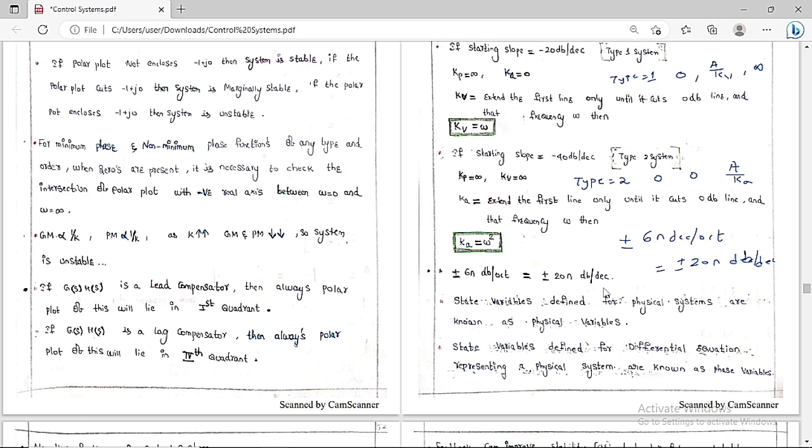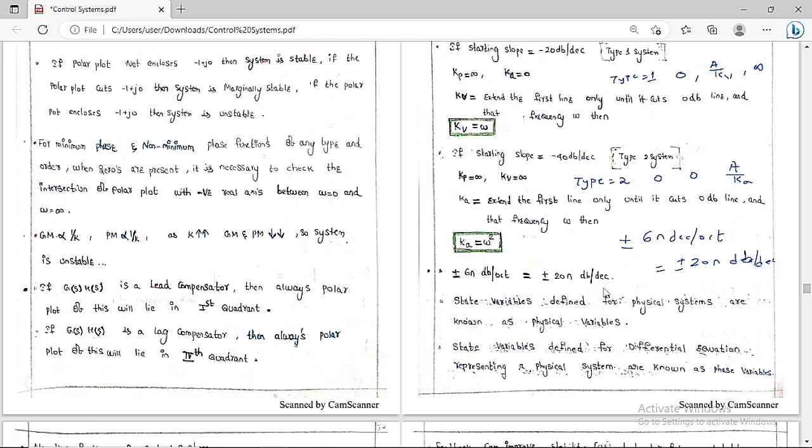So plus or minus 6n decibels per octave is always equal to plus or minus 20n decibels per decade. So simply we can say 6 decibels per octave is always equal to 20 decibels per decade. So attach plus or minus, attach n.